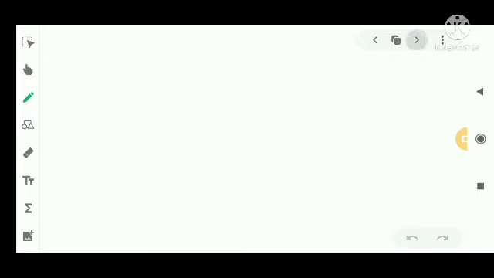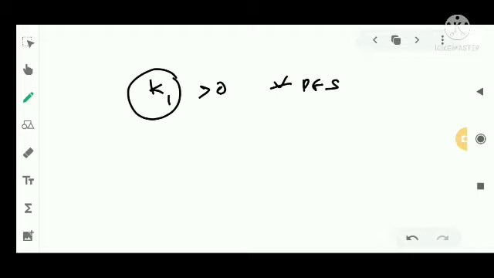That means, since S is connected, K1 is everywhere positive. K1 is greater than 0 for every point belonging to S. K1 is the minimum of the principal curvature. It is positive at just one point P0, then we get it is positive for every P belonging to S. So the minimum value itself is positive.